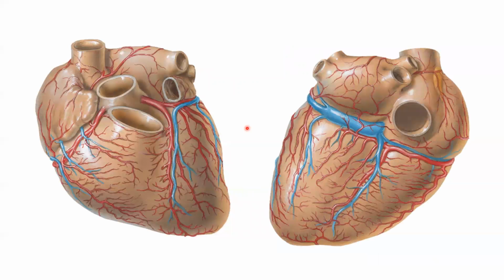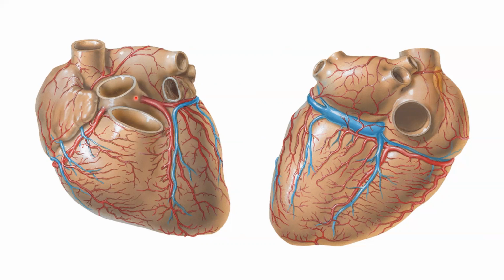I just want to repeat again. The left coronary artery arises from the left posterior aortic sinus, and it emerges coming out from the aortic sinus, posterior to the pulmonary trunk.